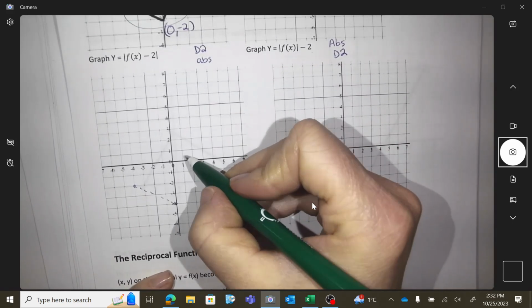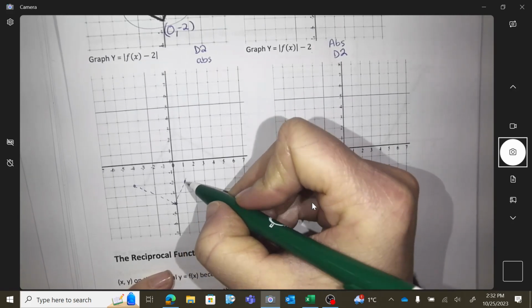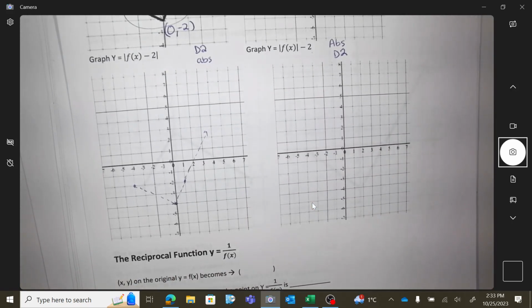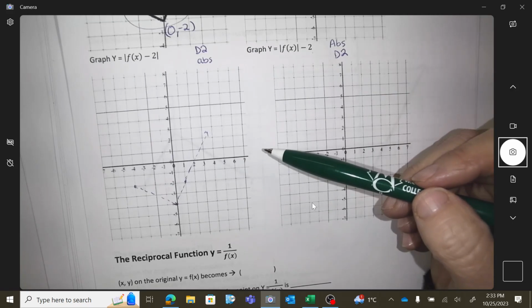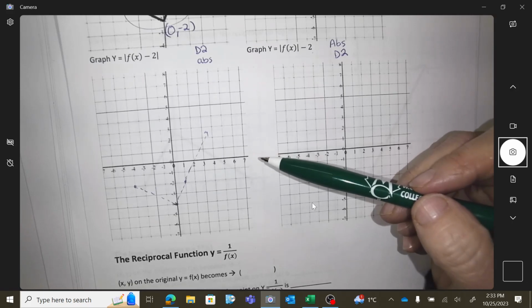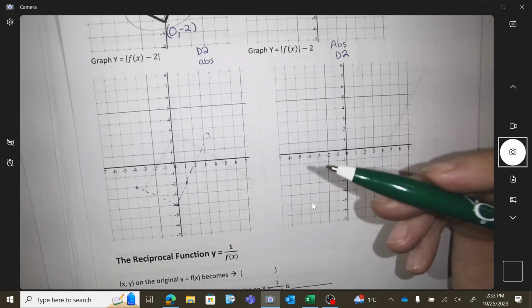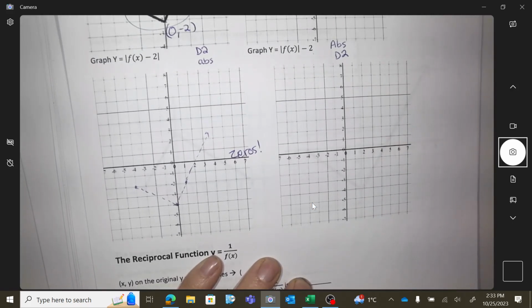If you could move all these points down 2, and I'm going to suggest making sure your arrow is at least past the x-axis here. The zeros are important because then that's like the changing spots. Sometimes you change spots there. So make sure you do all your zeros. Zeros are important to put on there.